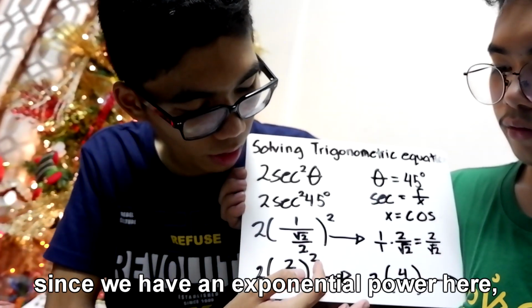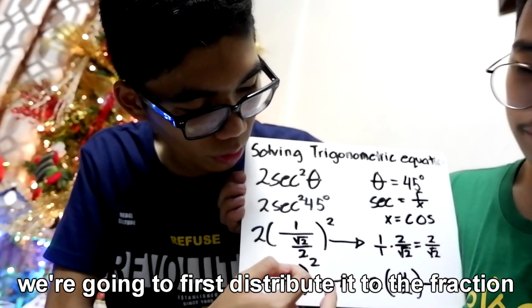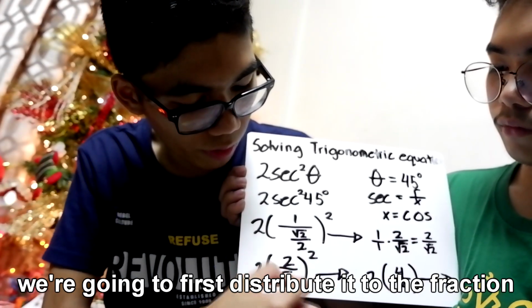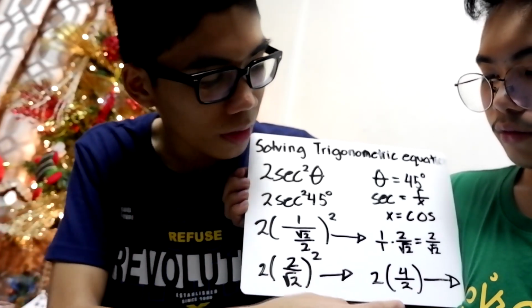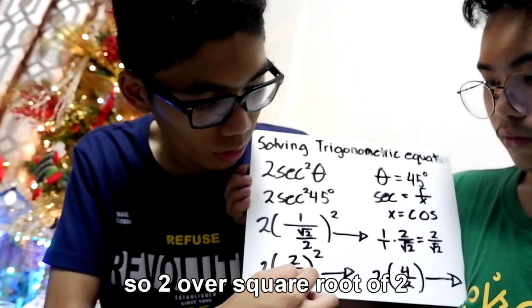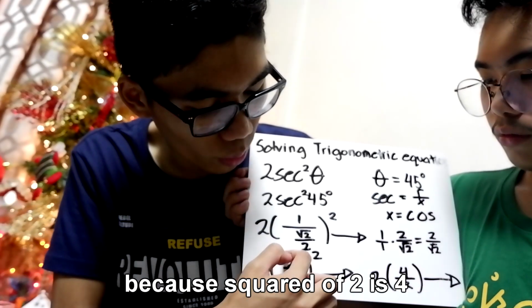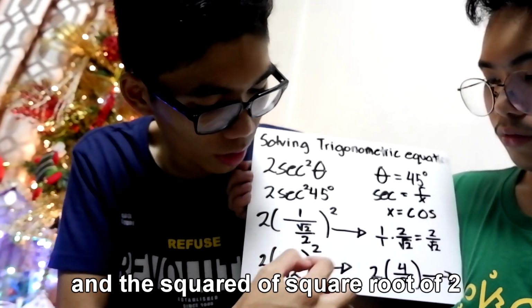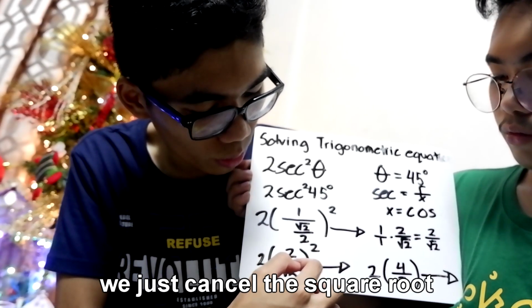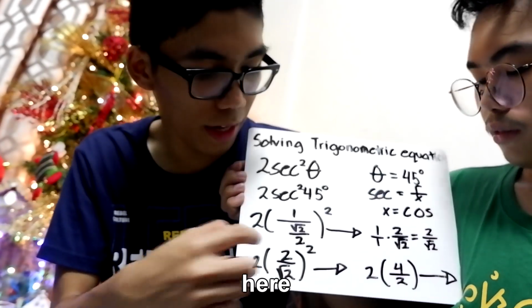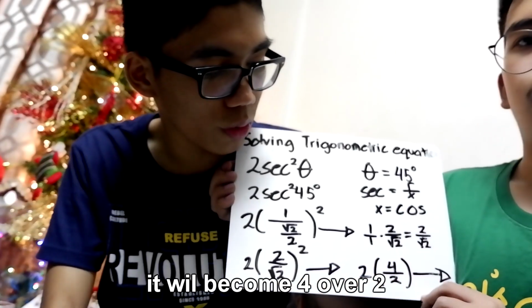Since we have an exponential power here, we're going to first distribute it to the fraction. So 2 over square root of 2 will now become 4 over 2, because the square of 2 is 4, and the square root of 2 squared, we just cancel the square root. It will become 4 over 2.